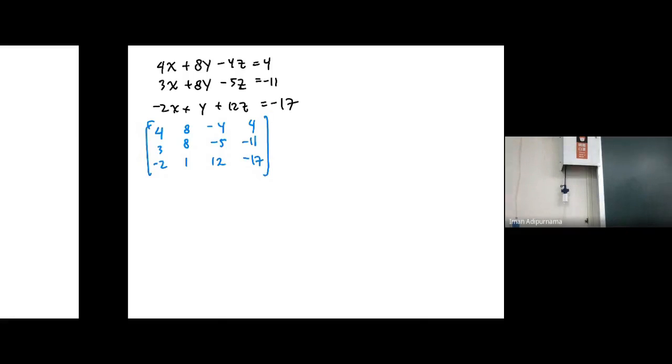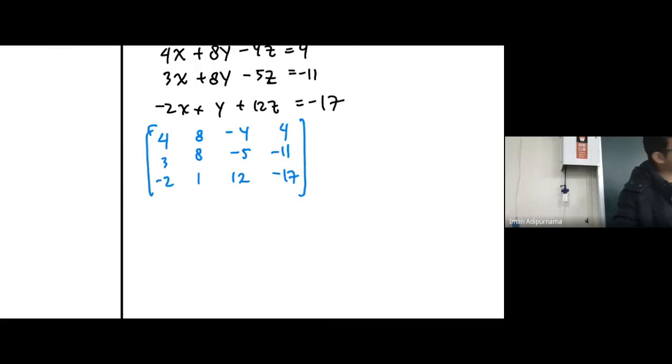Can you try to solve it by finding the row echelon form from this augmented matrix? Let me make it bigger.